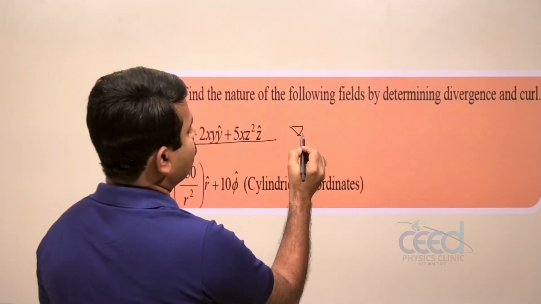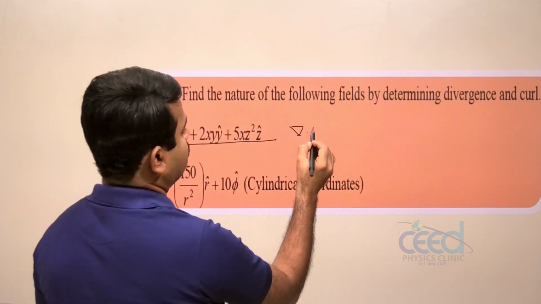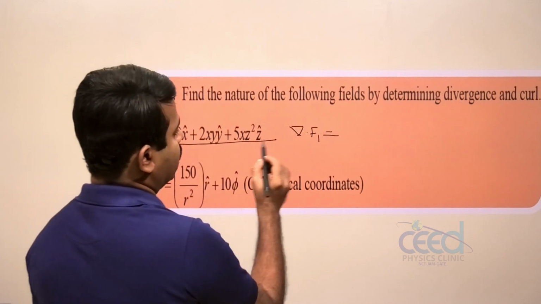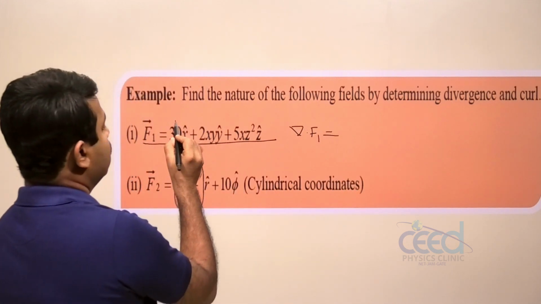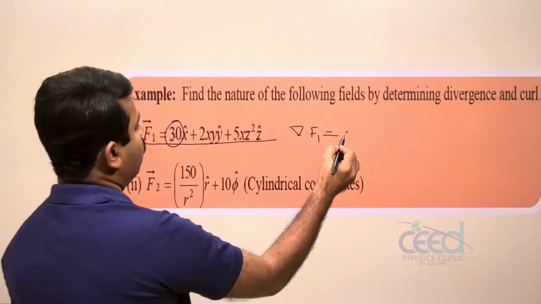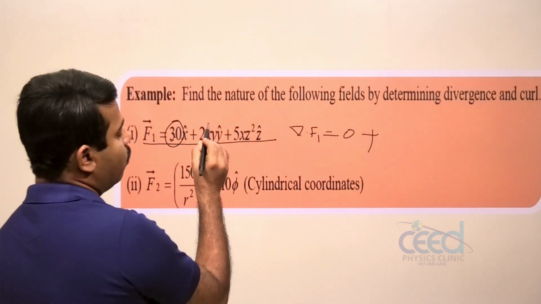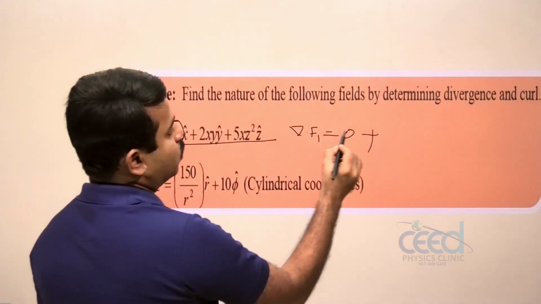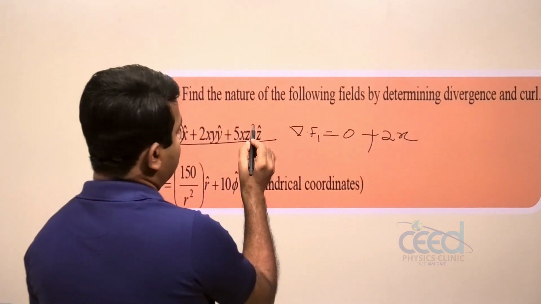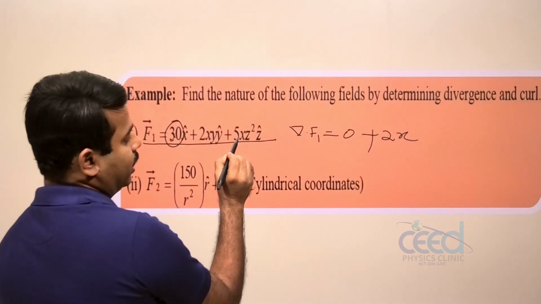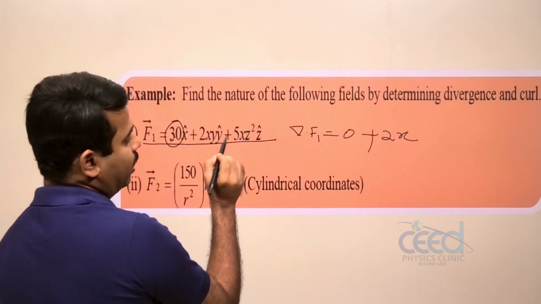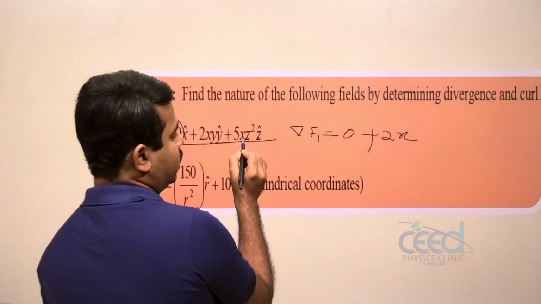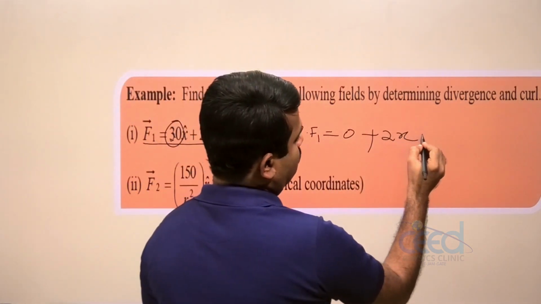So, first find divergence of F1. How you find that is, this part is 0, dou by dou x of 0, that means 0, plus dou by dou y of 2xy, that means 2x, and dou by dou z of 5x z square, that means 10xz, right.